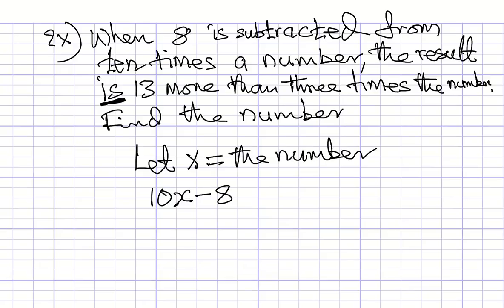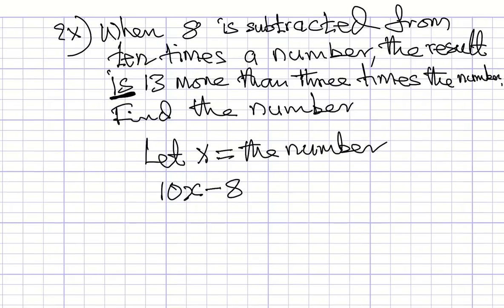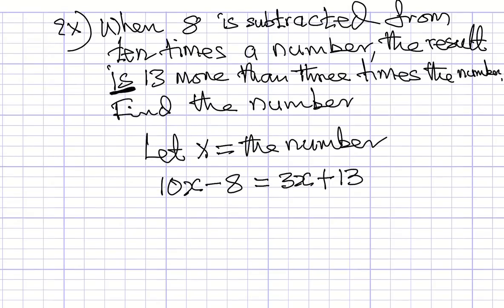The result is 13 more than 3 times the number. So you see what it's saying there? 3 times the number, 13 more. That's what that is saying. Read it. Make sure you understand it, and then once you understand it, you proceed. If you don't understand it, go back and read until you get it, okay?